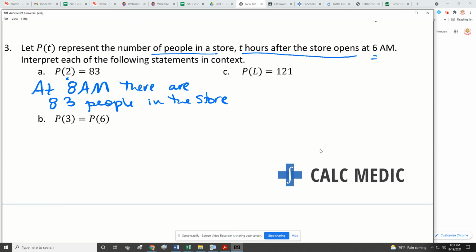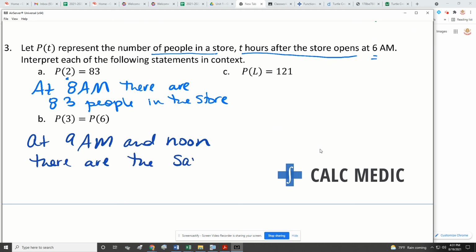So at 9 a.m. and you can say 12 p.m. or you can say noon, there are the same amount of people in the store.